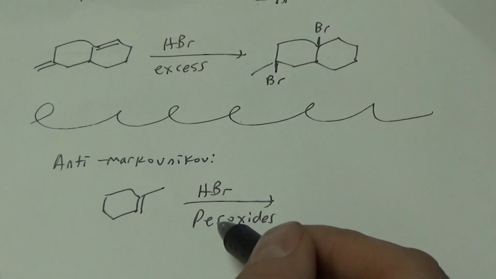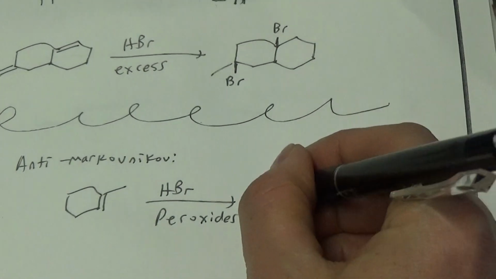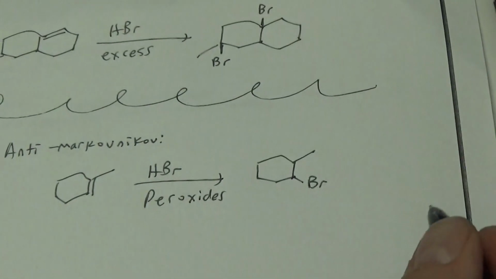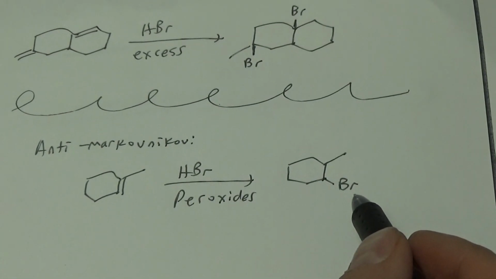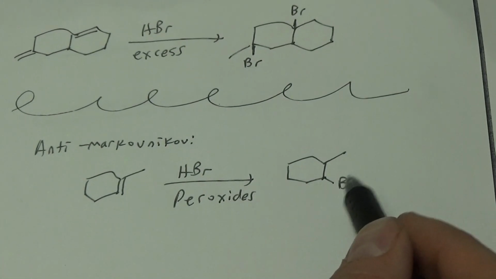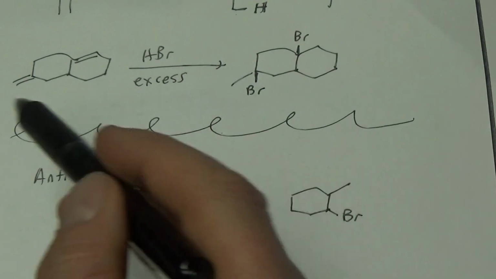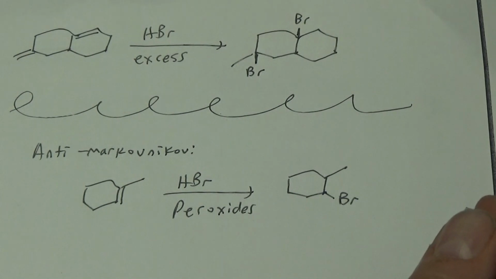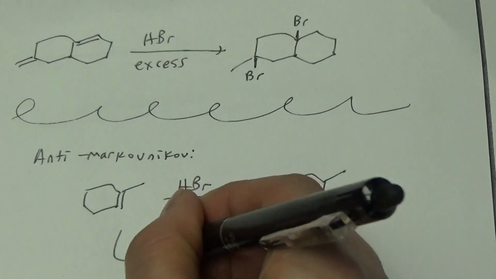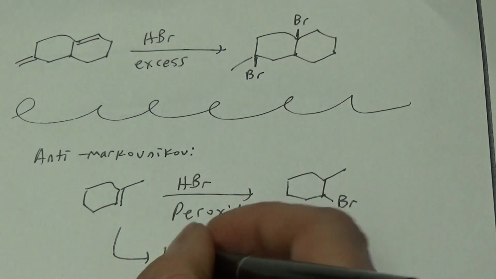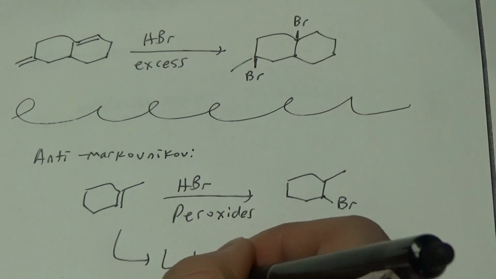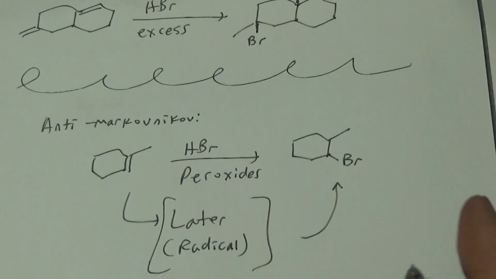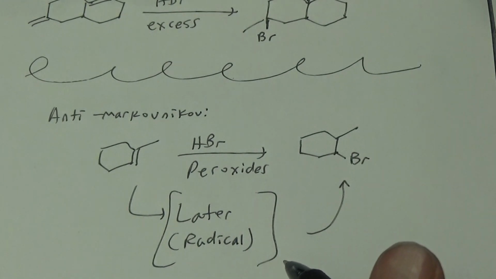It's just an organic molecule. In this case, you actually get the Br on the least substituted side. So it's not going to be a carbocation type mechanism. These are all carbocation mechanisms. This will be different, alright? Different mechanism. So we'll see that later. I'll give you a hint, it's a radical mechanism. Cool, a really cool mechanism actually. So we'll see that later.